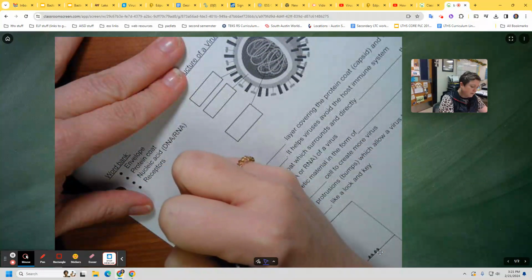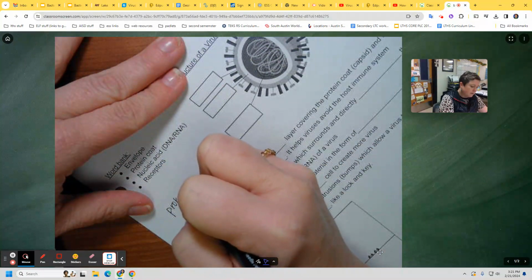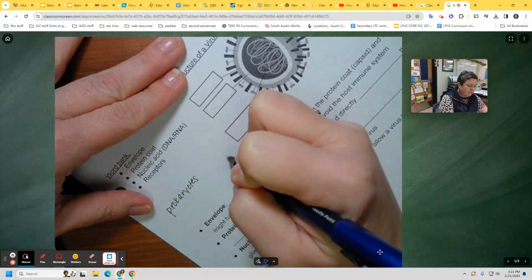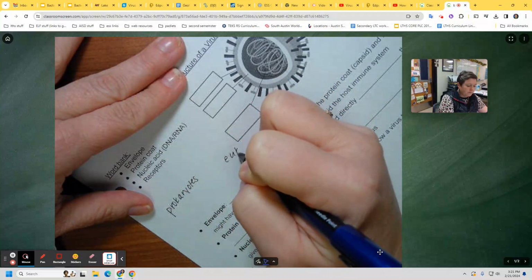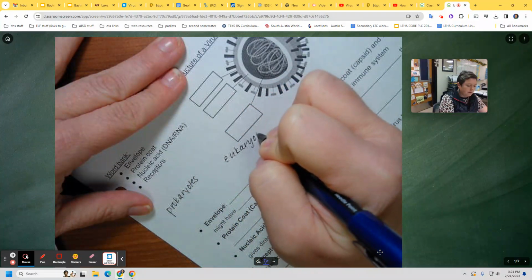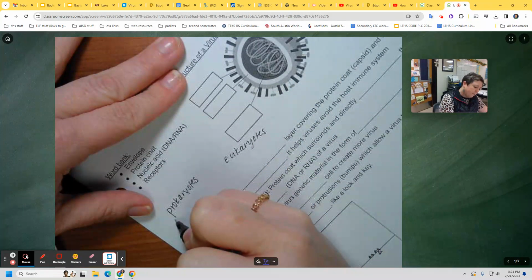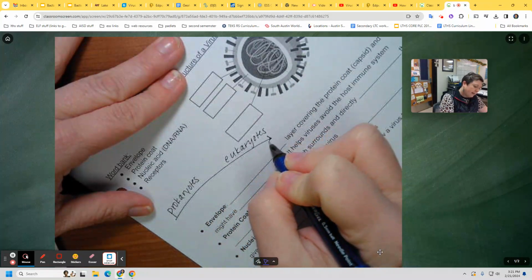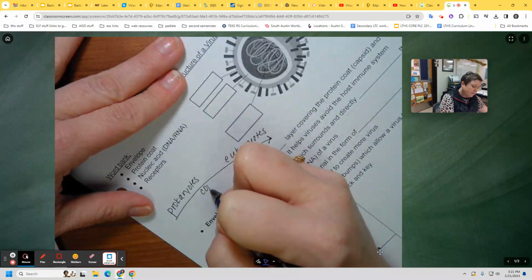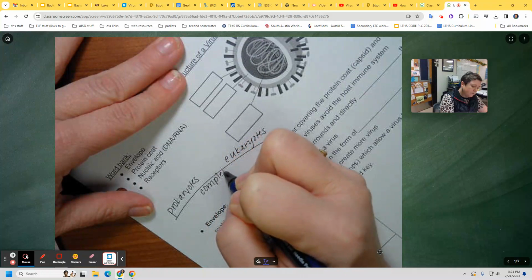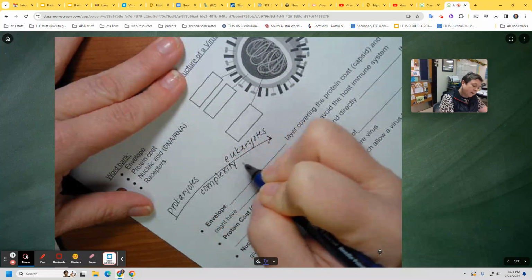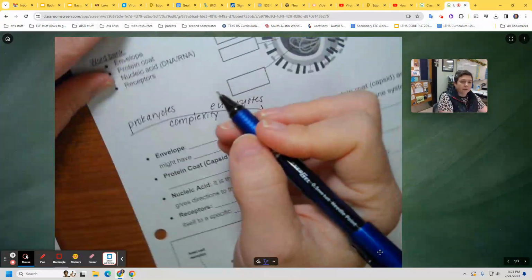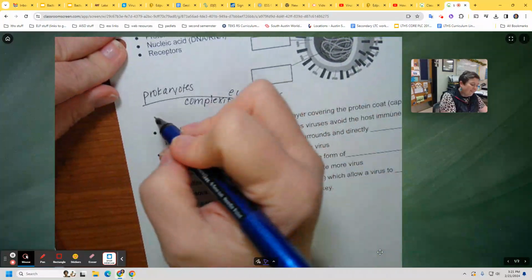Remember how we talked about prokaryotes, and then we have eukaryotes, and they get more complicated, like complexity, right? Eukaryotes are a lot more complex than prokaryotes.